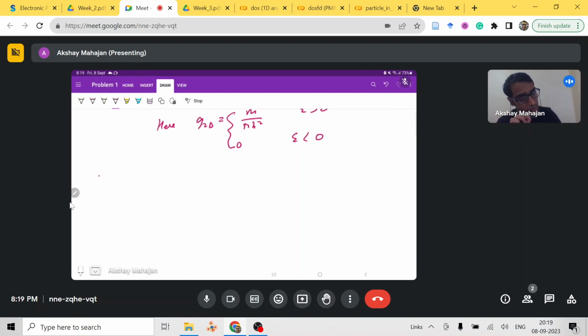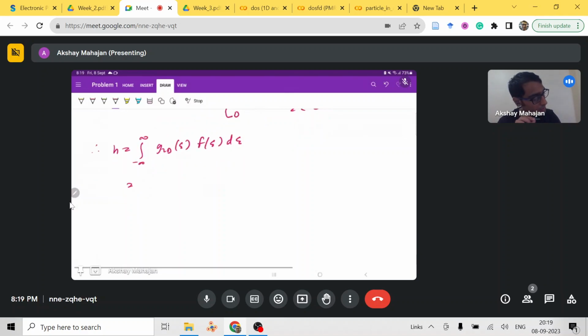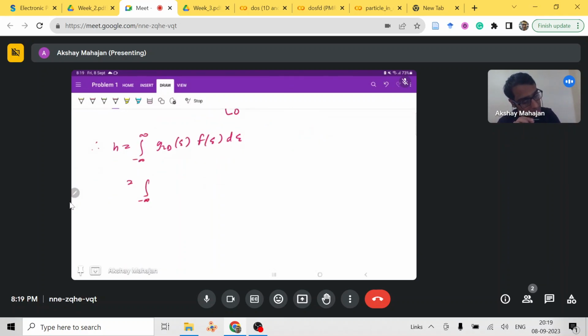Now what I can write is n equals the integral from minus infinity to infinity of G of 2D of epsilon times f of epsilon d epsilon. Then we will use this Sommerfeld expansion. So I can write it as the integral from minus infinity to epsilon f.